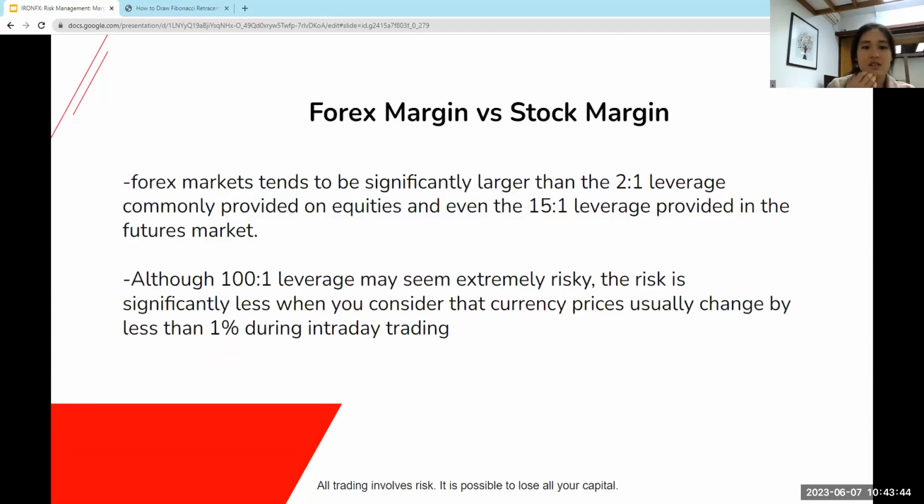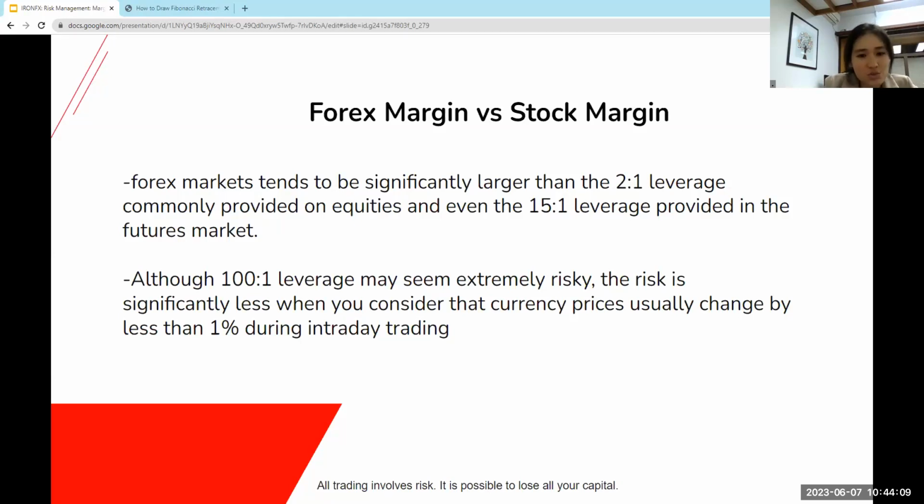Okay. So let's take a look at the difference between margin for Forex and stocks. So leverage in the Forex markets tends to be significantly larger than the 2-to-1 leverage commonly provided on equities, and even the 15-to-1 leverage that's provided in the futures market.